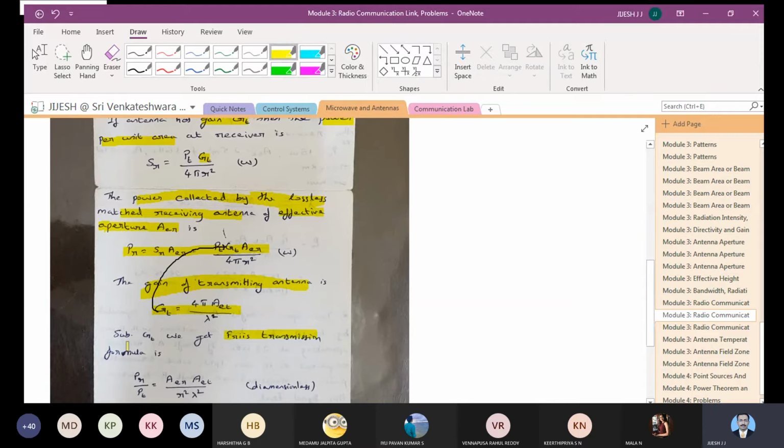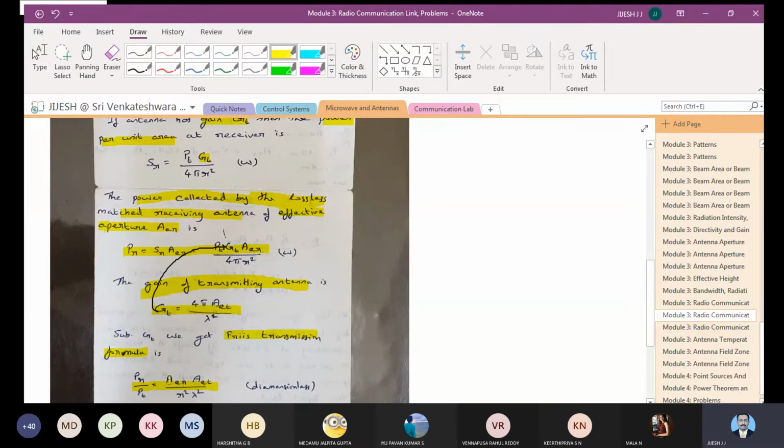PR divided by PT is equal to AER, other things will get cancelled, 4 pi will get cancelled, divided by r square lambda square. This equation is called the Friis transmission formula.